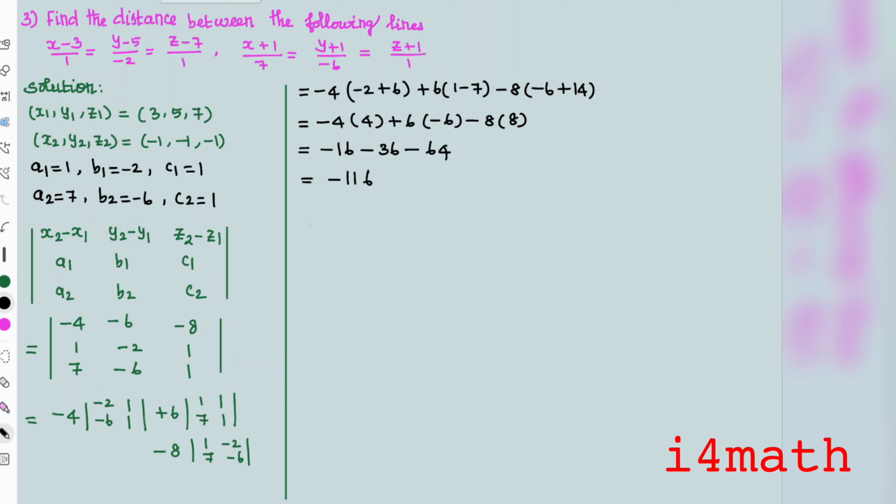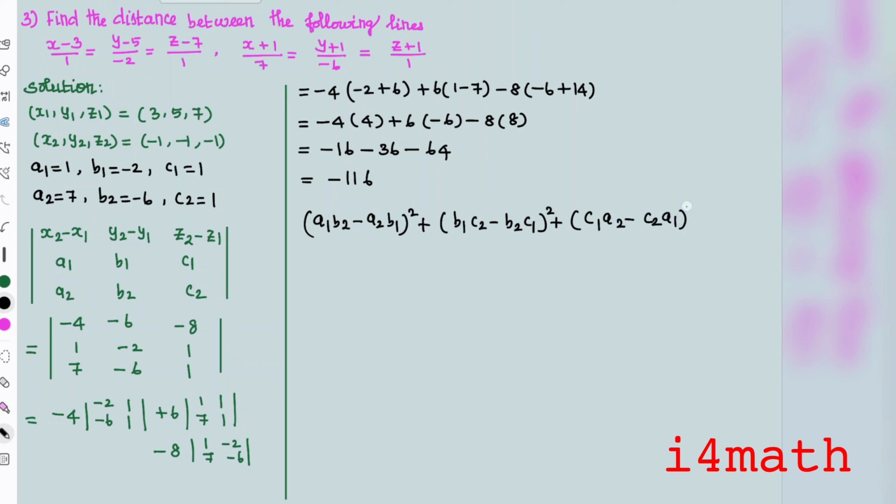But we have to calculate the denominator value first, and then after finding it, we can substitute in the formula so that we can reduce the difficulties. Now let us calculate the denominator of the formula, that is the square root of (a1 b2 minus a2 b1) the whole square plus (b1 c2 minus b2 c1) the whole square plus (c1 a2 minus c2 a1) the whole square.